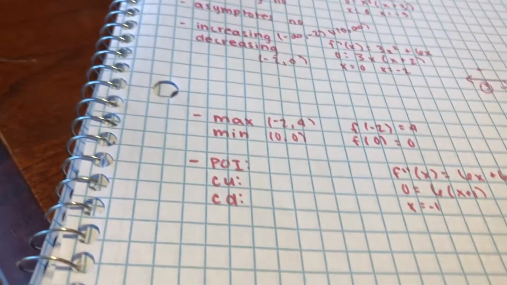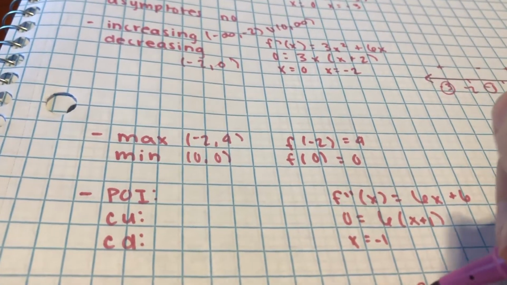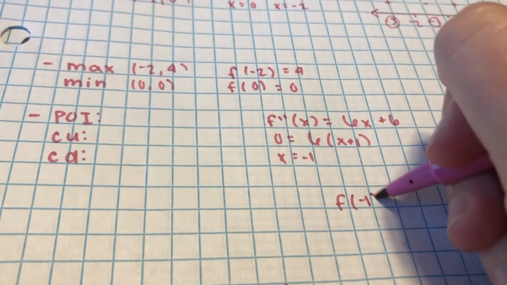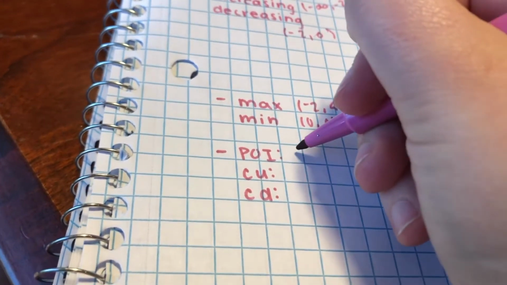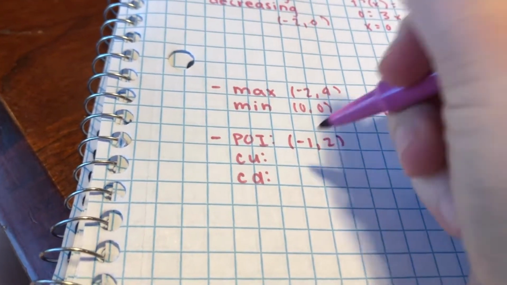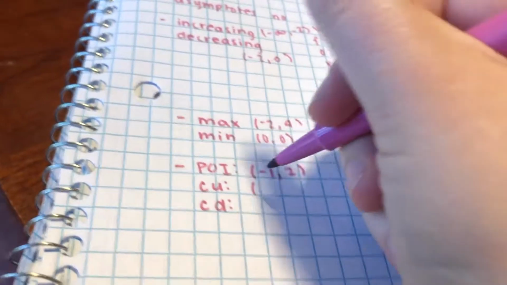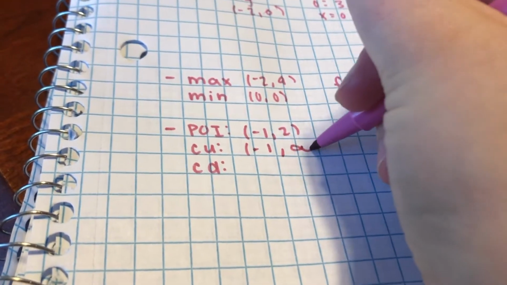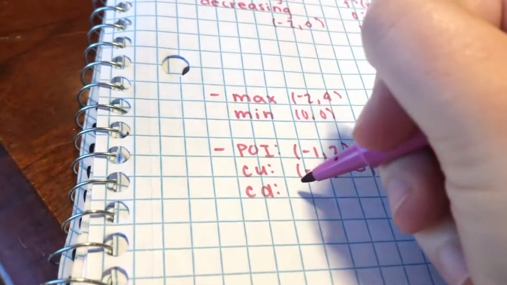So then if we plug in f of negative 1, we end up getting 2. So then our point of inflection is at negative 1, comma 2, and our graph is concave up from negative 1 to infinity, and it's concave down from negative infinity to negative 1.